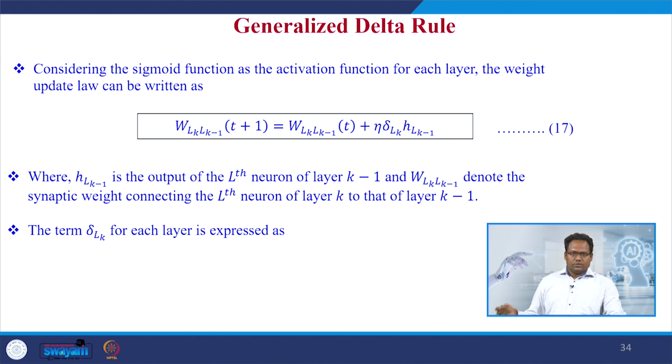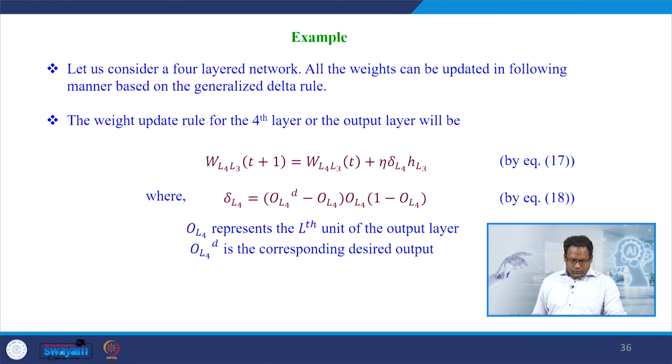Now, let us see how the generalized delta rule can be obtained in terms of this example. Let us consider a 4 layered network where delta L4 represents (desired output minus actual output) into actual output into (1 minus actual output).